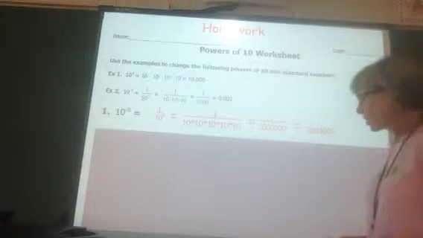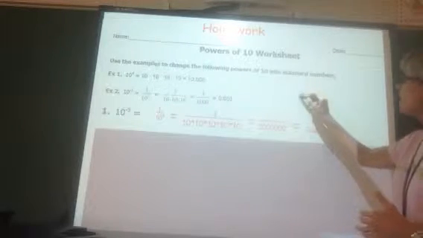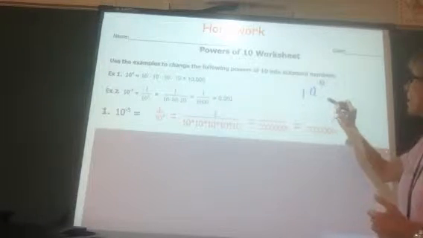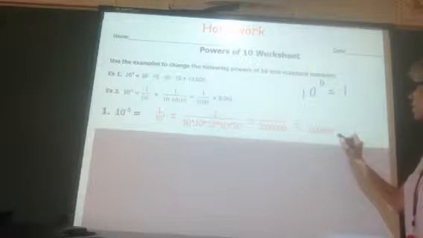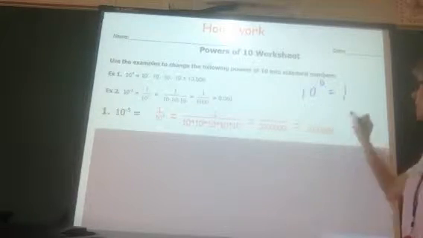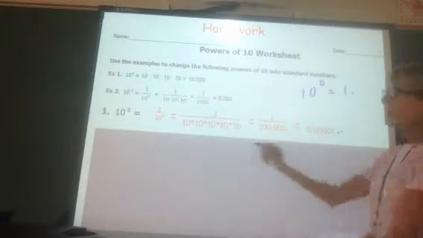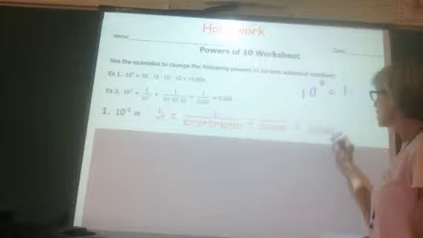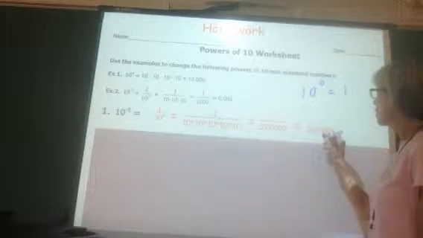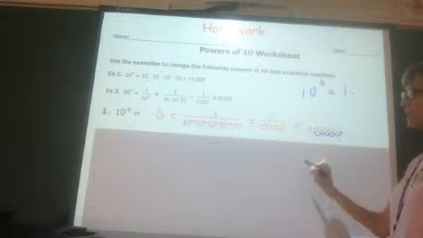Now, another way to look at this and think is that we know that 10 to the 0 power equals 1. So, if you start at 1 with your decimal behind 1, because that's where it really is, and if you have a negative 5, you move 5 places to the left because we're going to get smaller, 3, 4, 5, then you will end up with the correct decimal.